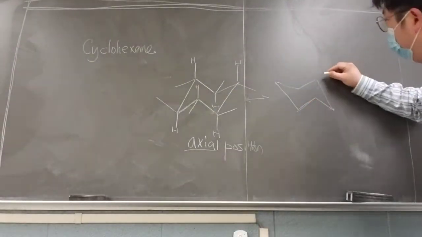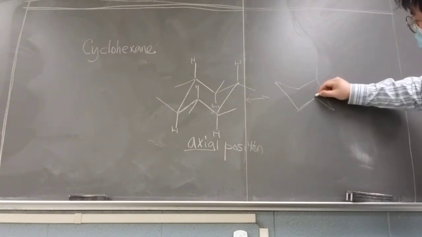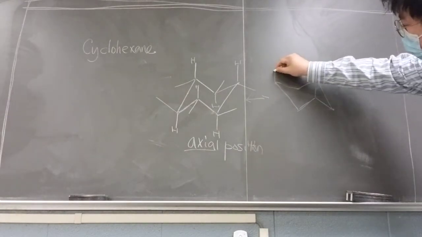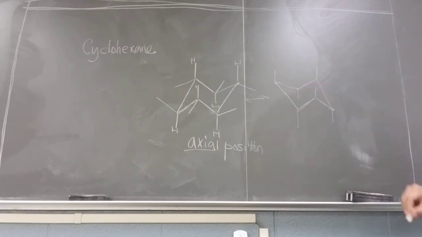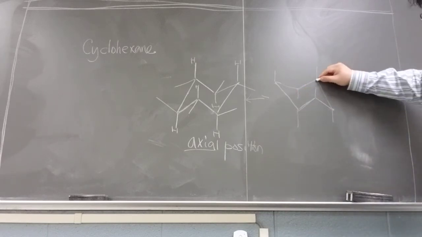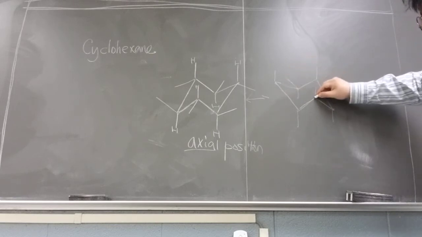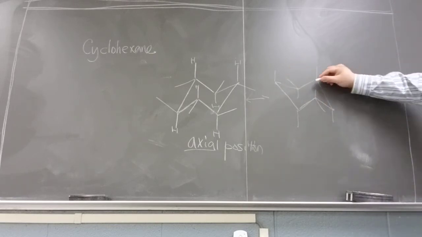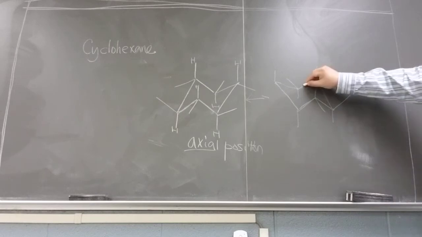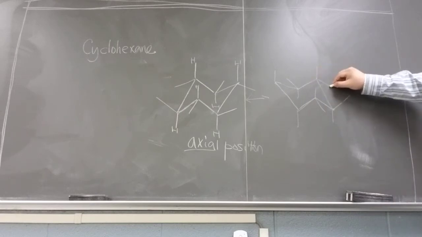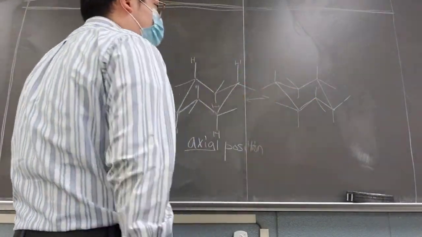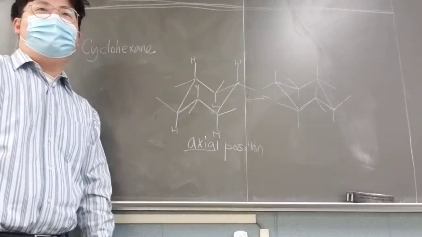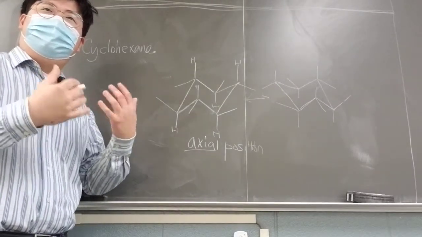We can do the same here. That's pointing up, axial position, and those three. And there's three down axial position here. And then this is parallel to this line, those two. And those, okay. And those, okay. This line, right? And this line, right there. That's it. Do you think it kind of makes sense?